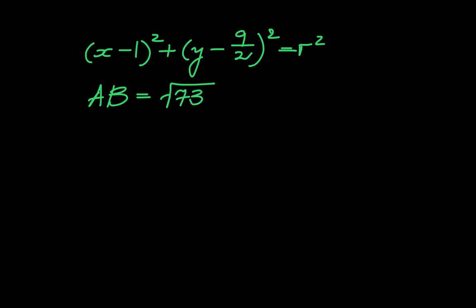So if the diameter was the square root of 73, then the radius is the square root of 73 over 2.